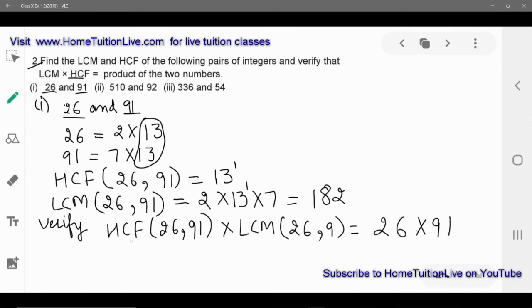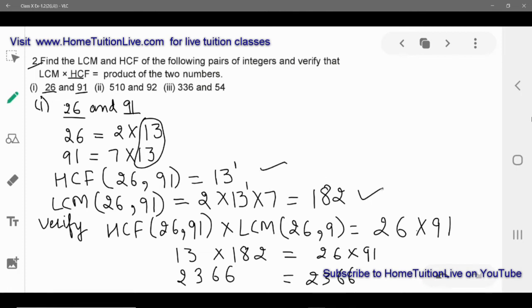So HCF is 13 and LCM is 182. When we multiply this, we will get 2366. And in the same way, when we multiply these numbers, we will get this. So this is verified that the LCM and HCF of both the numbers are good.